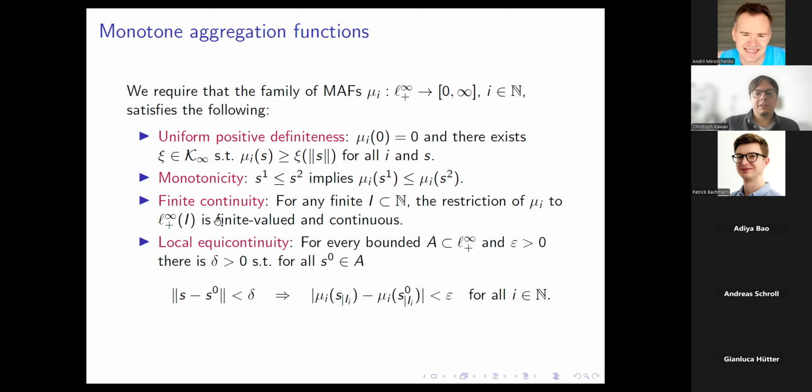Third property I call finite continuity. That means if I take a finite subset of my index set, capital I, and I restrict the function mu I to the space L infinity plus of I that I defined before, then this restriction is finite valued and continuous.